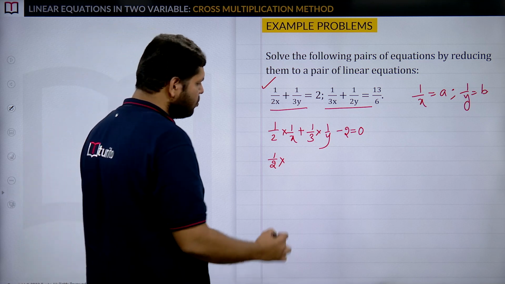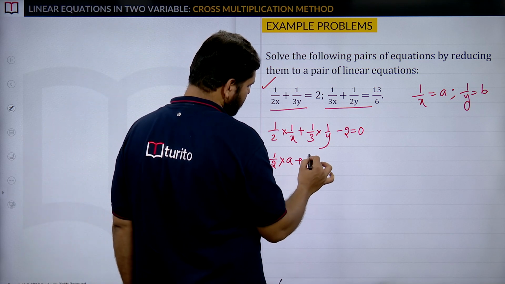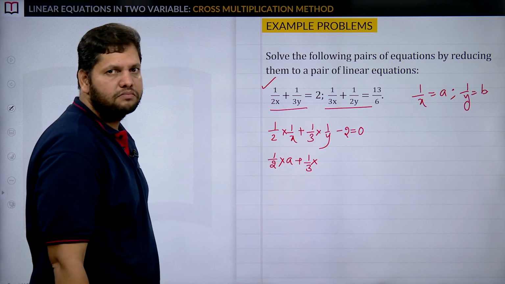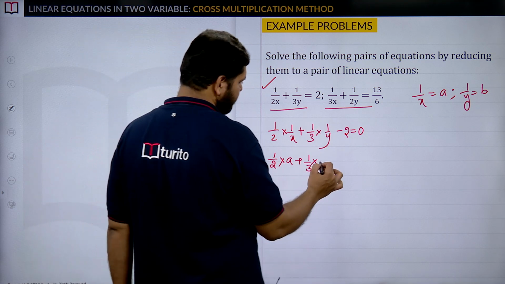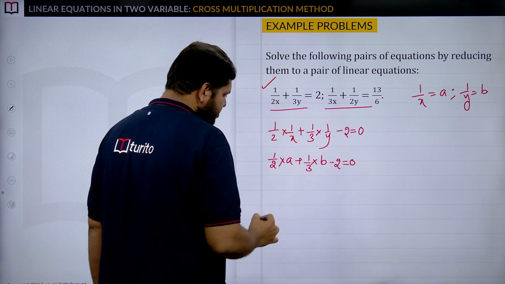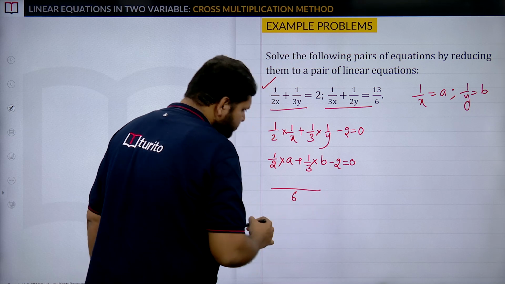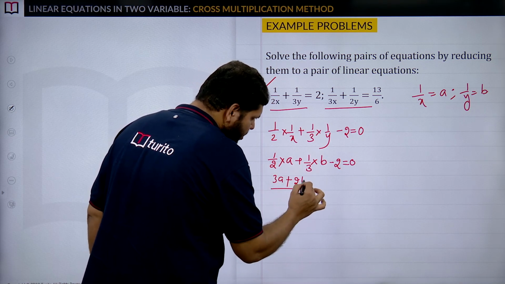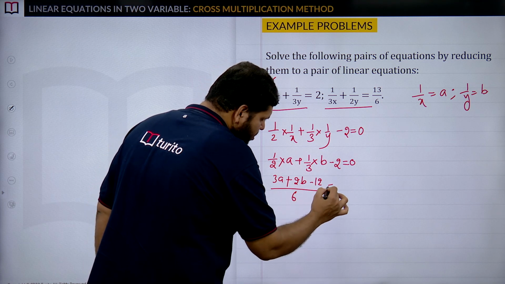So 1 by x value is equal to A, and 1 by 3. And what is the 1 by y value, children? It is B, and minus 2 equal to 0. Children, take the LCM. So LCM will be what? 6. So this is 3A, and it is 2B, and this is minus 12 equal to 0.